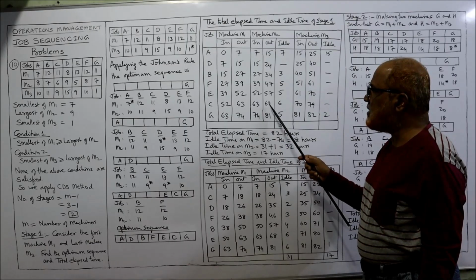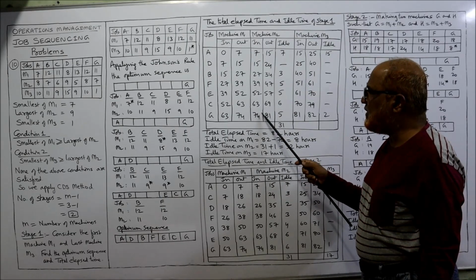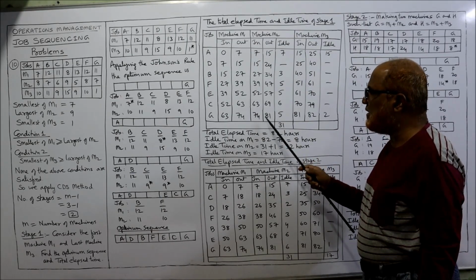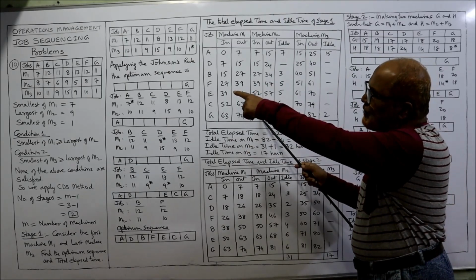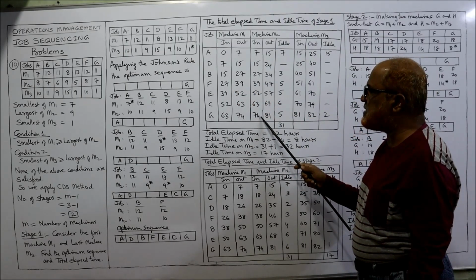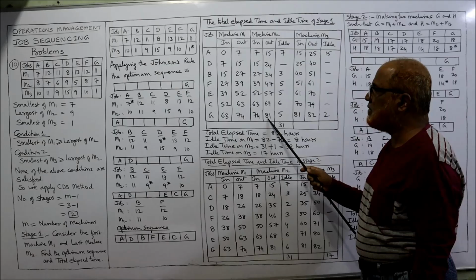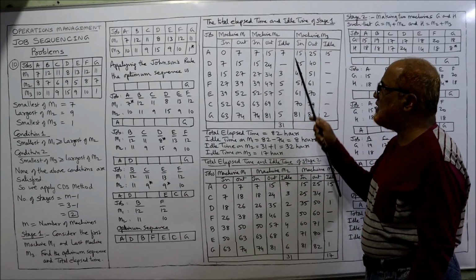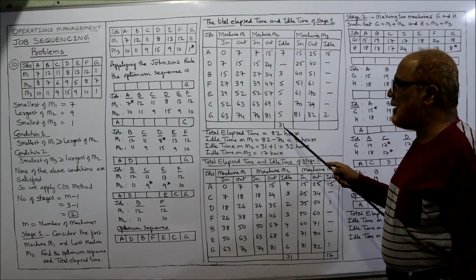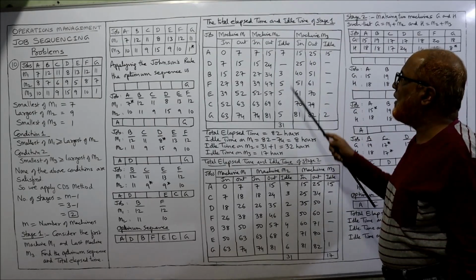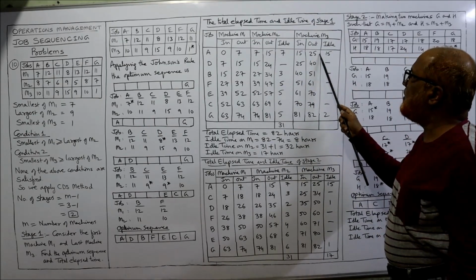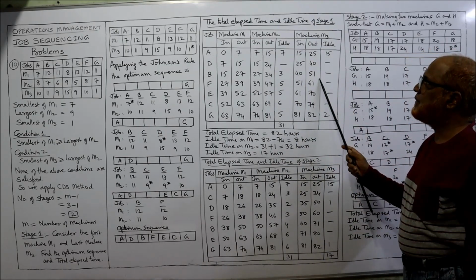So how many hours is the idle time? 74 minus 69, 5 hours. What is G on M2? 7. So 74 plus 7, 81. All the jobs are completed and these are the idle times. The total idle time is 31 for the M2 machine.